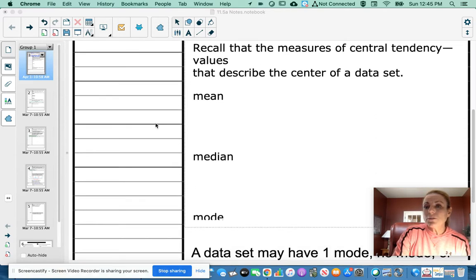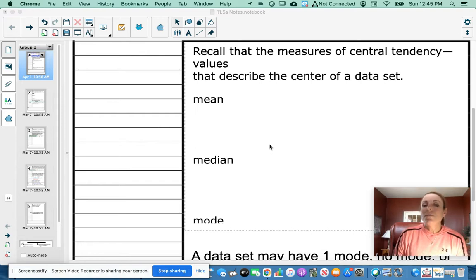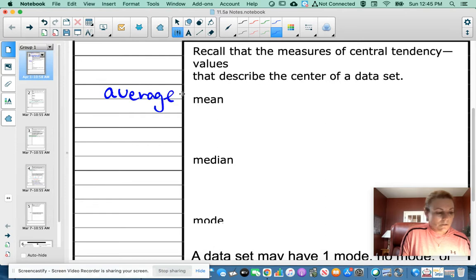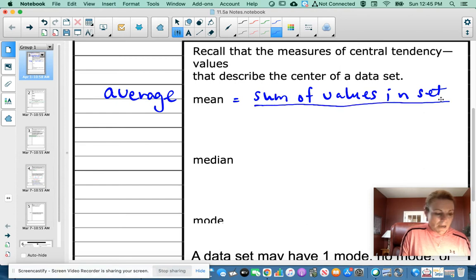Recall that the measures of central tendency values describe the center of a data set: mean, median, mode. Let's review what this represents. Mean represents an average. So mean is going to be the sum of the values in a set divided by the number of values.